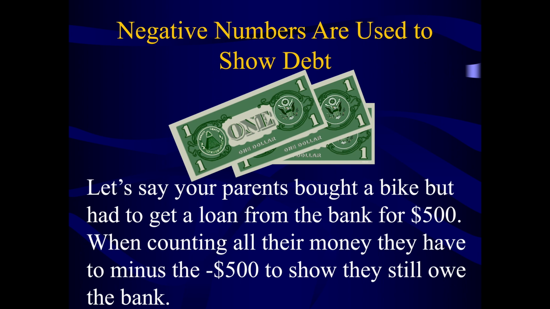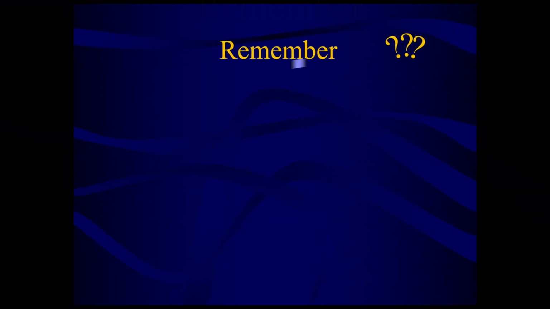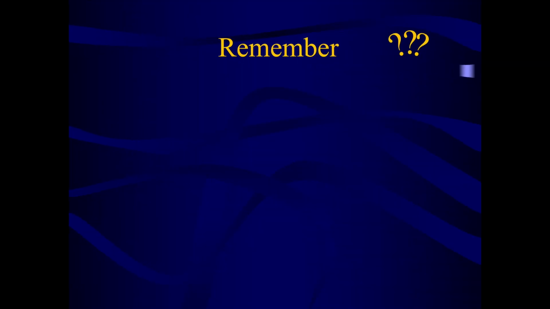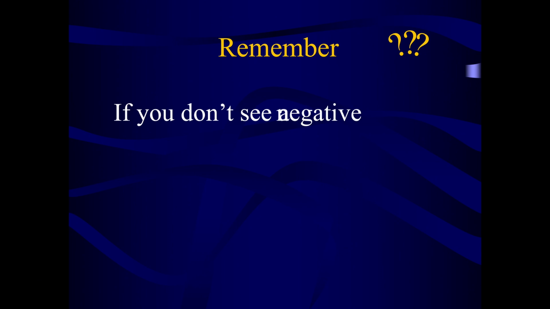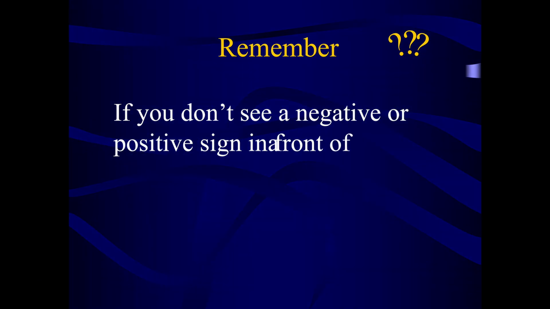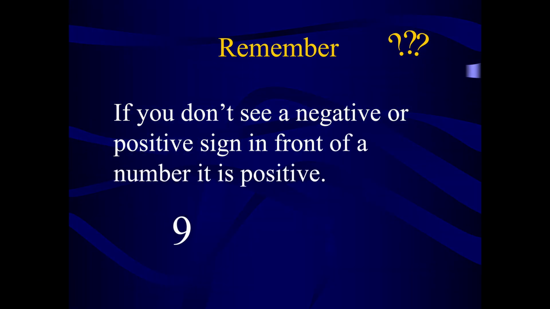When counting all their money, they have to subtract the $500 to show they still owe the bank. So money can actually be negative when you owe someone something. It's called a debt. Remember, if you don't see a negative or positive sign in front of a number, it is positive.